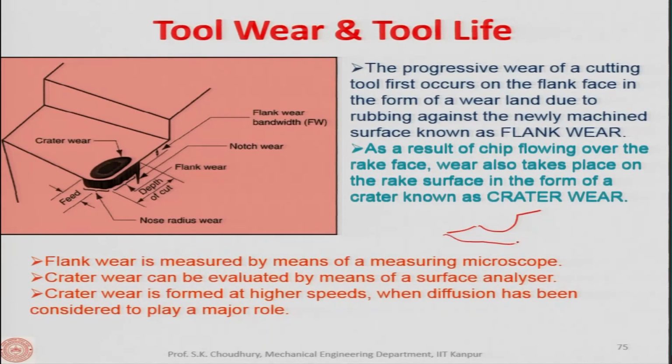This is the tool and this is the rake face of the tool. Flank wear is measured by means of a measuring microscope. Flank wear is a wear land, so in the microscope you can enlarge it and find out the value.